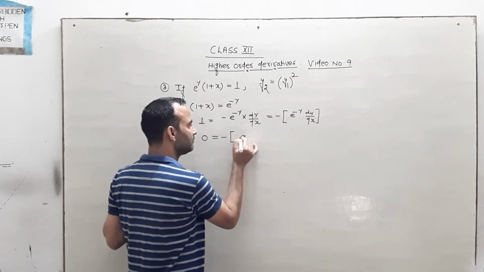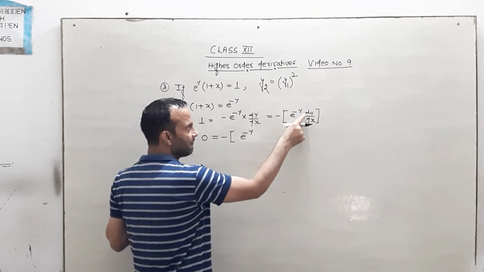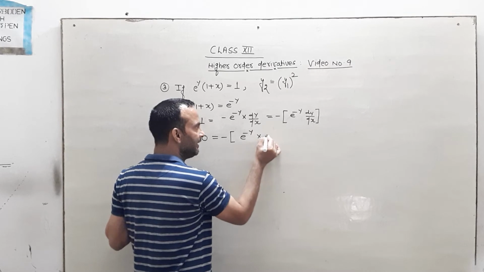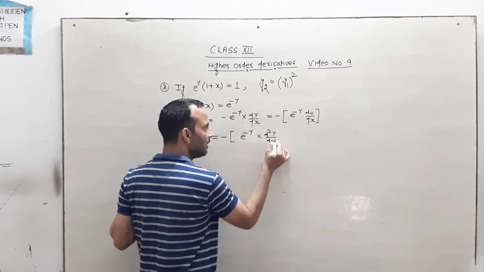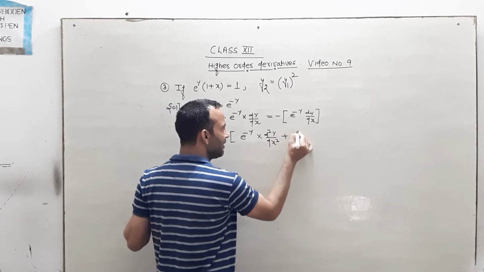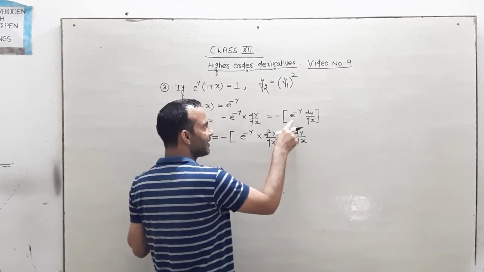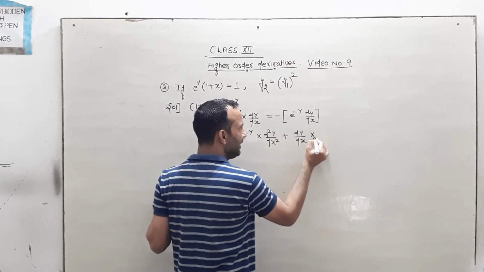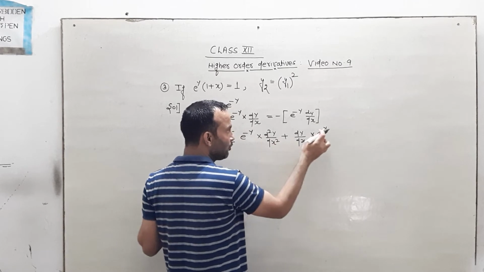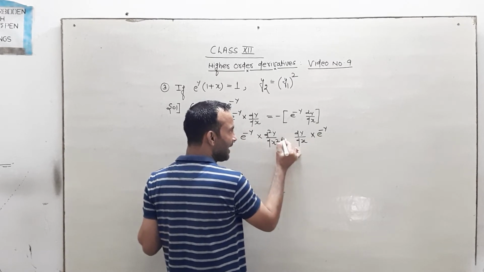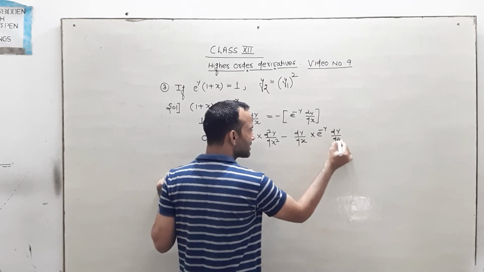First function e raised to the power minus y, differential of dy over dx, d square y over dx square, plus second function dy over dx into differential of e raised to the power minus y, which is e raised to the power minus y, then minus y, due to minus y here we obtain minus, and the differential of y is dy over dx.